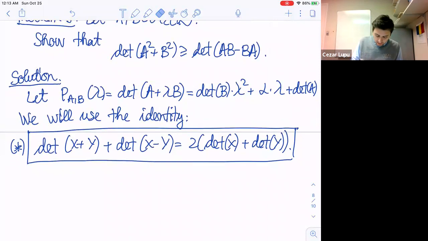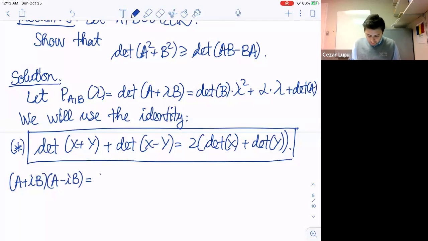Well, we will look at this. If we multiply a plus ib times a minus ib, right? This would be nothing else than just a squared minus iab plus iba plus b squared.